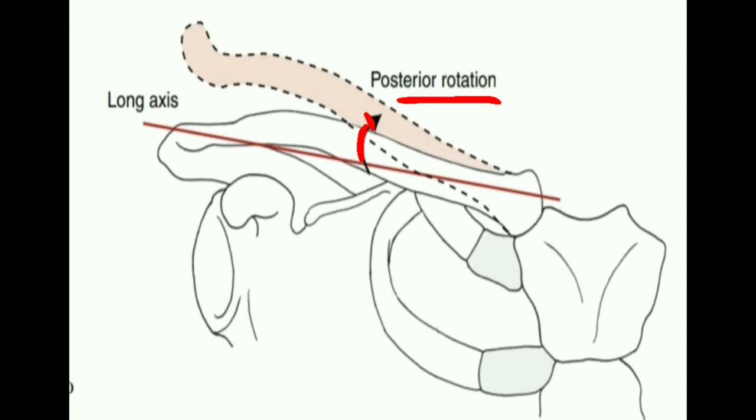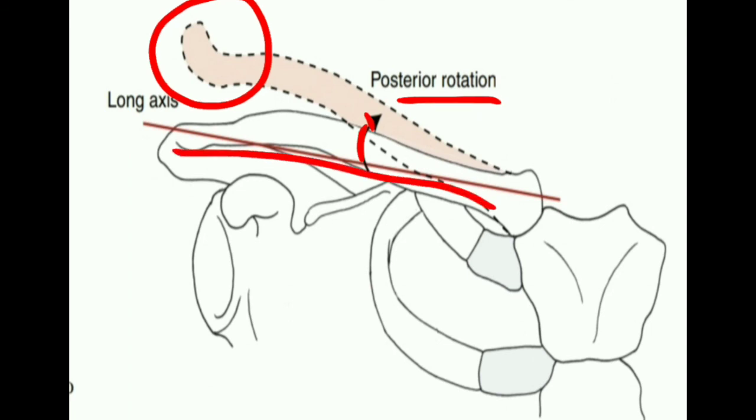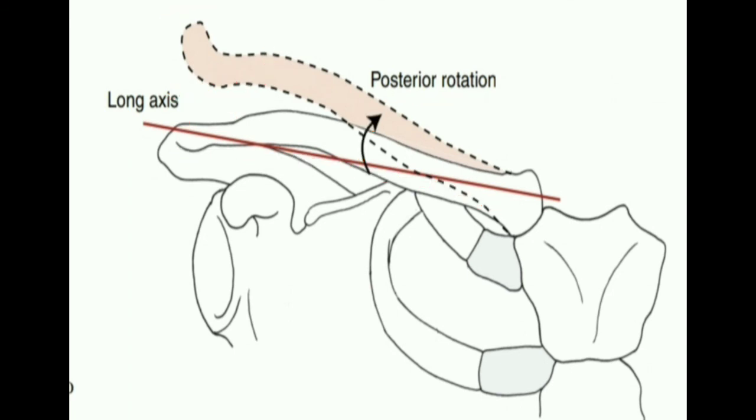If the clavicle moves to its neutral position, this is the neutral position, and from the posterior rotation they travel back to their original position, then it is known as the anterior rotation. Do you understand?